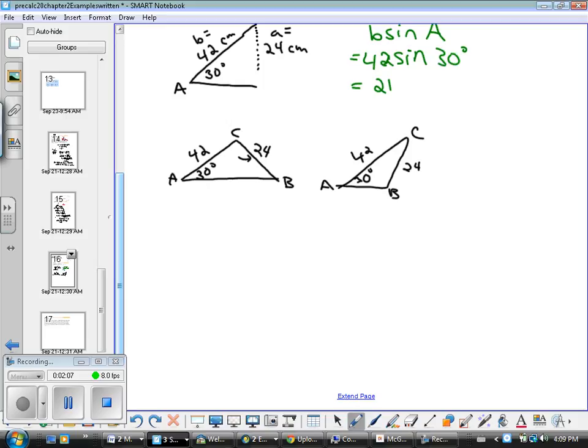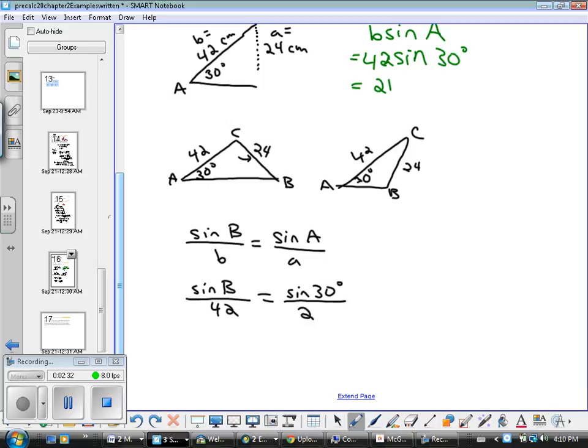What's our question asking us for? The question's asking us for the other side and the angles. So we'll start by figuring out angle B. Sine B over B equals sine A over A. So we know everything except for our angle B here. Sine B over 42 equals sine 30 over 24.